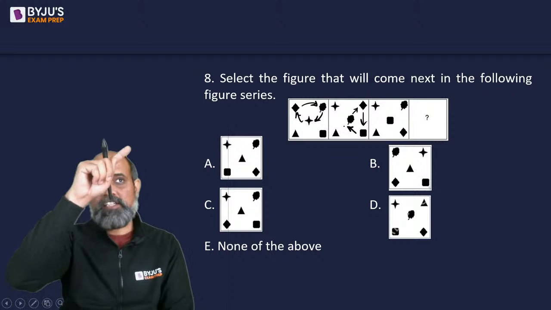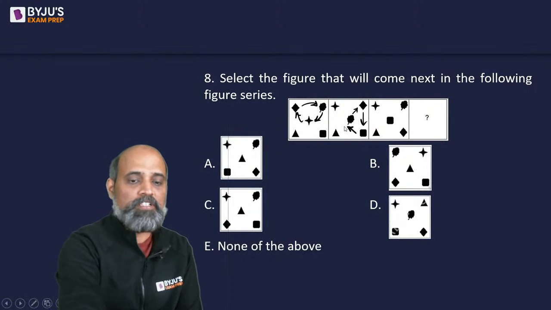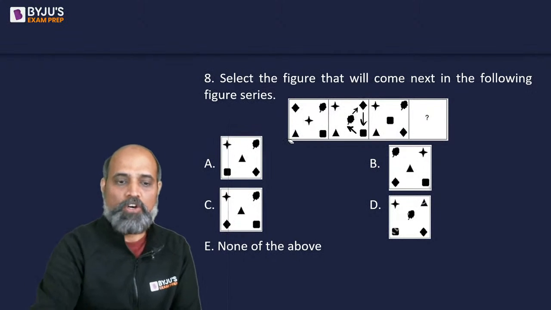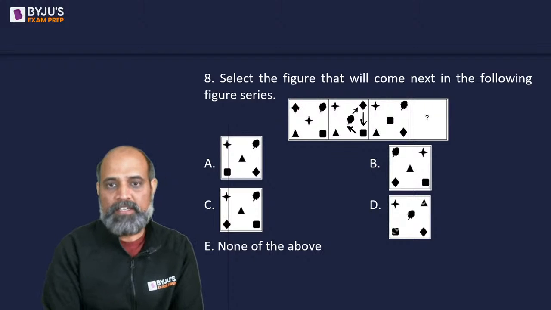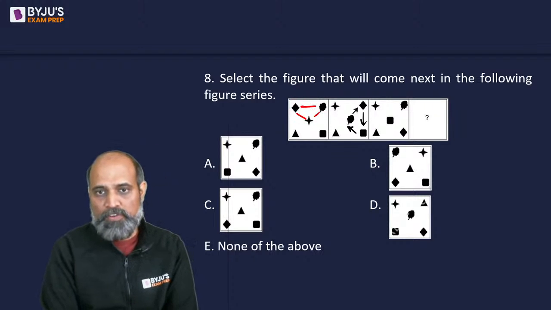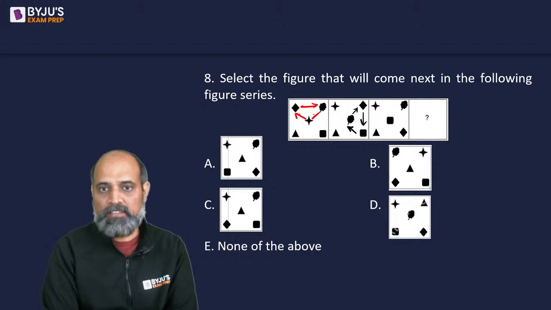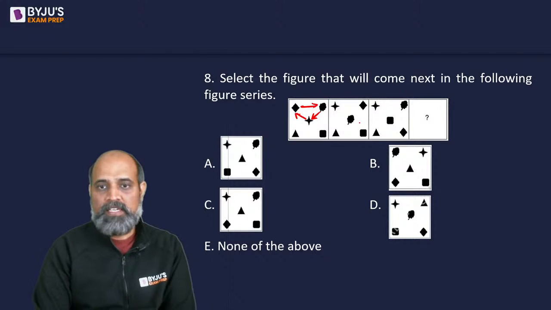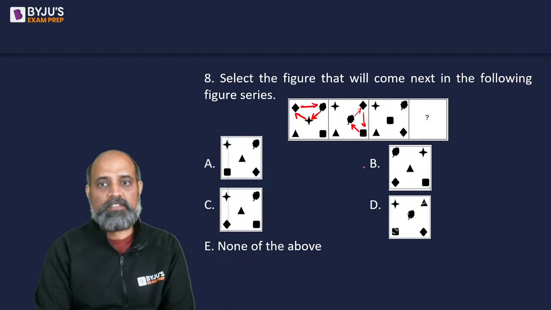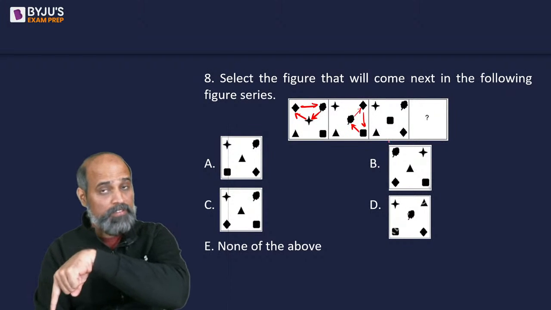So initially the top three figures were moving in the clockwise direction, right? So these three were moving in the clockwise direction like this. Then in the next one, these three figures were moving in the clockwise direction like this, so that we get the next figure.